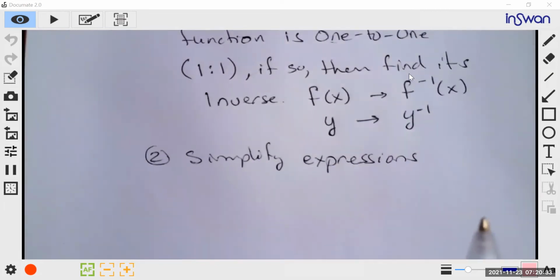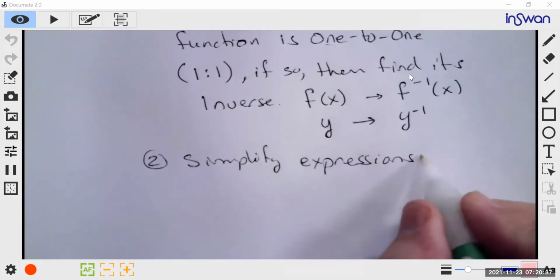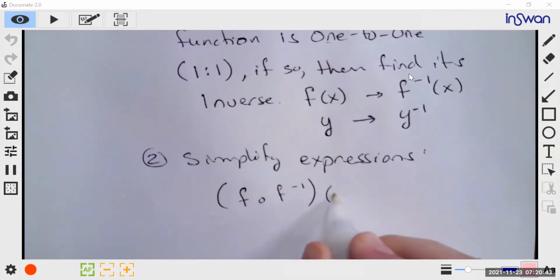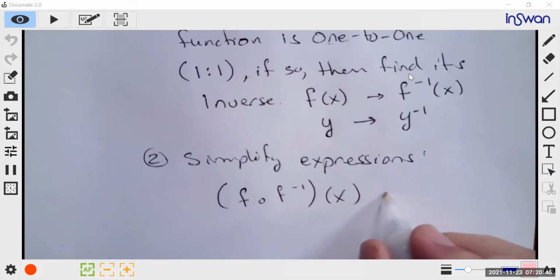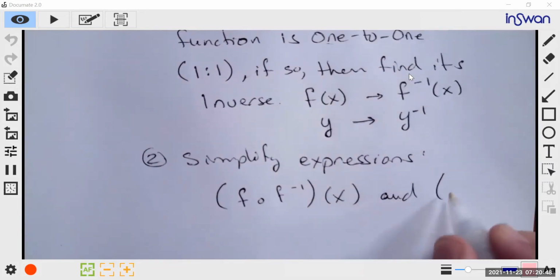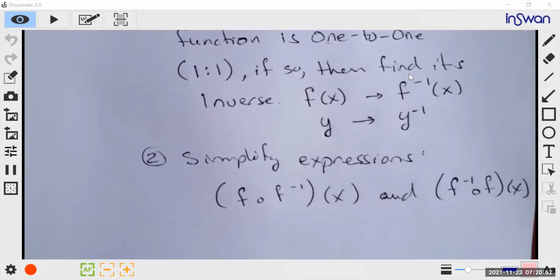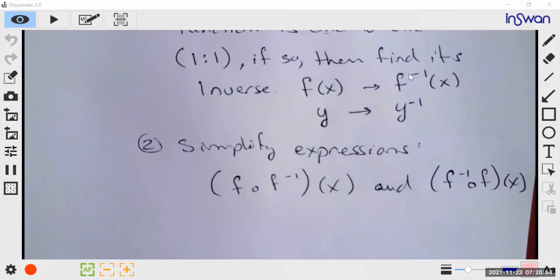We talked about compound functions, composite functions. We're going to look at simplifying expressions like this. So we're going to look at simplifying compound functions.